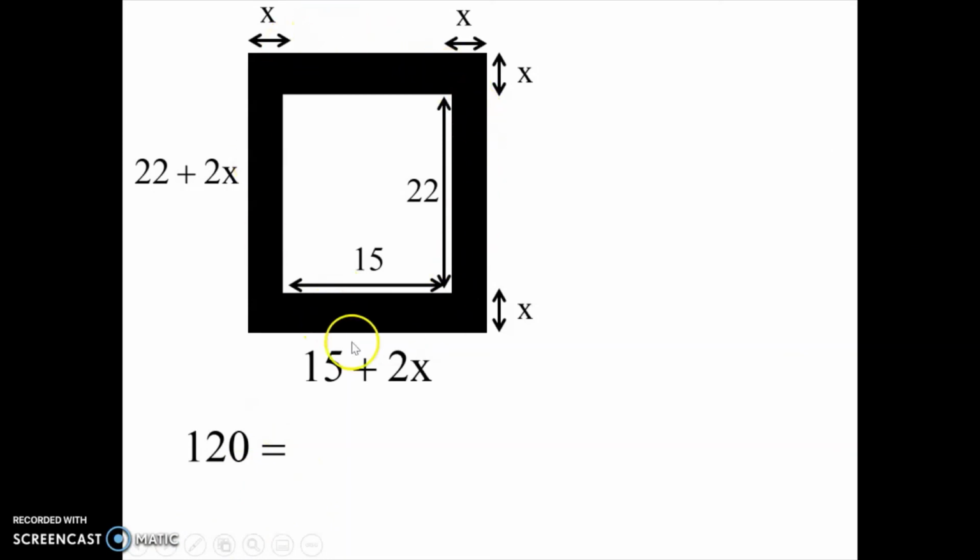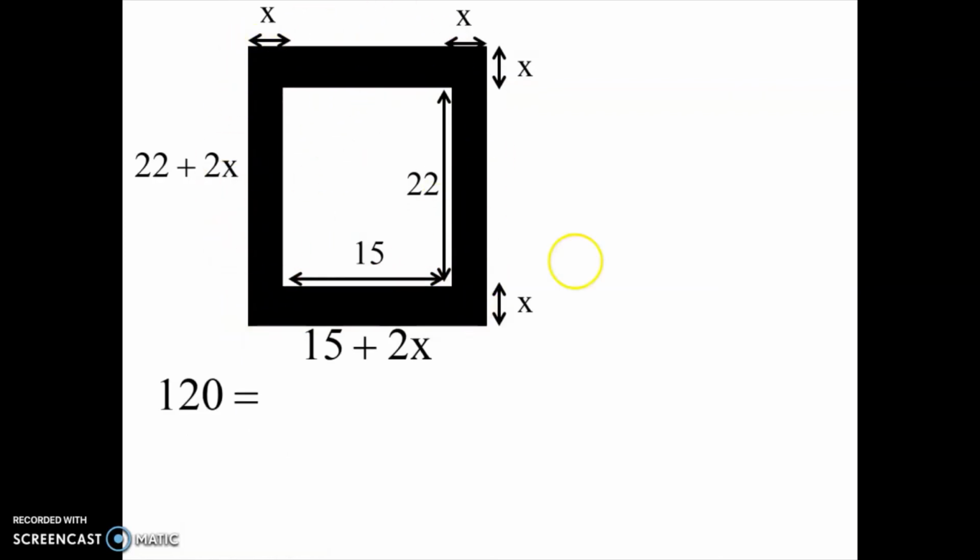But to find the black border, we can say the black border area is, if you take the whole photo's area minus... Okay, let's try this again. We were told the black border has an area of 120. And to find the area of the black border, we can take the full picture's area minus the white portion, right?